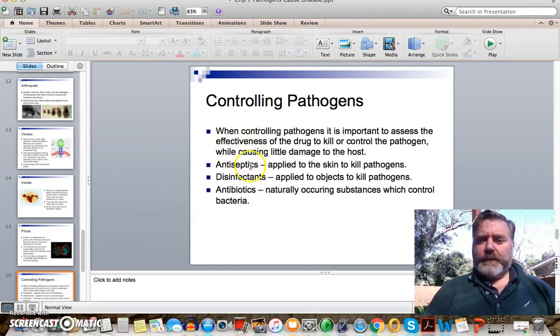So, we use antiseptics on our skin to kill pathogens, we use disinfectants across objects to try and kill pathogens, and we use antibiotics, of course, to kill bacteria. So we have chemicals that we can use to control the spread and when they've attacked us, to actually reduce the infection quite quickly.